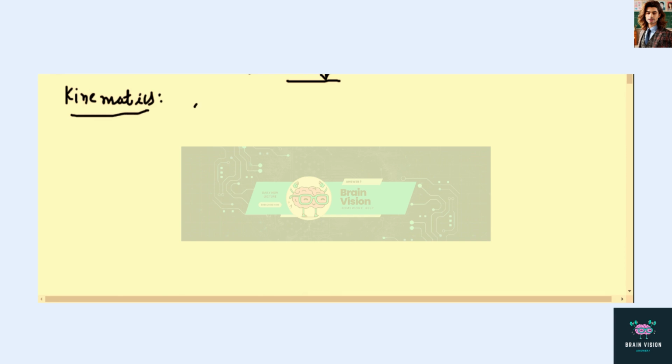The radius of the outer pulley is 250 millimeter, that is 0.25 meter, and that of the inner pulley is 150 millimeter, that is 0.15 meter. So the outer pulley has a radius of 0.25 and the inner one has 0.15.